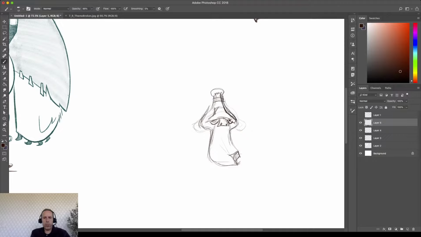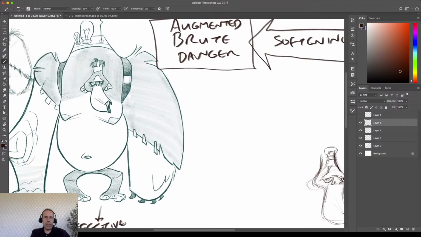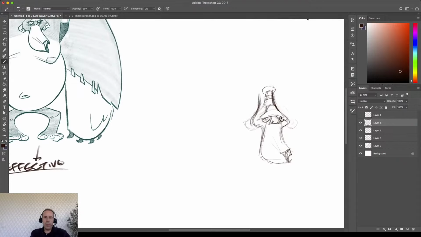And I think I'm going to push the back of the head back a little bit. It's always fine to design in a sort of diagrammatic way, or picking a view and drawing that. There's nothing wrong with that. But in the end, a design has got to be something that you can do a turnaround from. You know exactly what's going on there. So I always like to explore that stuff as I go.